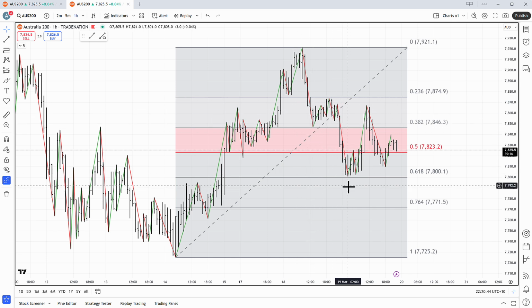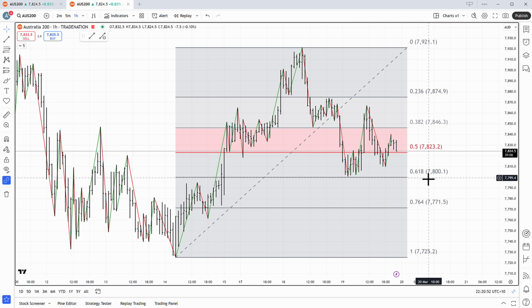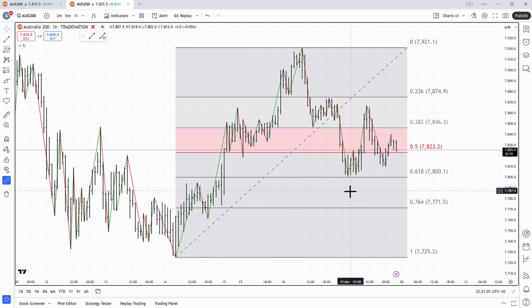Now, there was a low here at 2 a.m. Brisbane time, and you can see here that the low price is 78.01, and the Fibonacci level at 61.8% back from the top is 7,800. Within 1 point and the market for 1, 2, 3, 4, 5 hours refuses to cross the Fibonacci level.